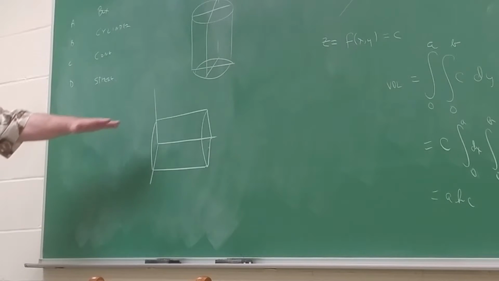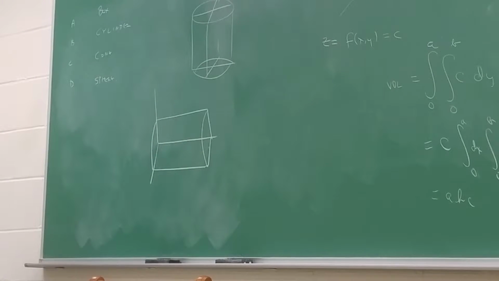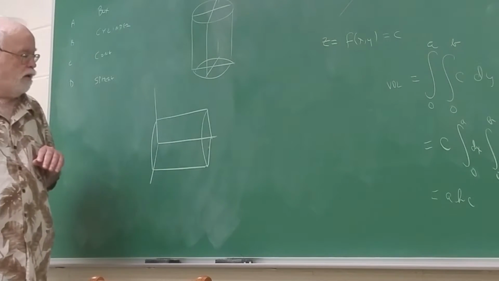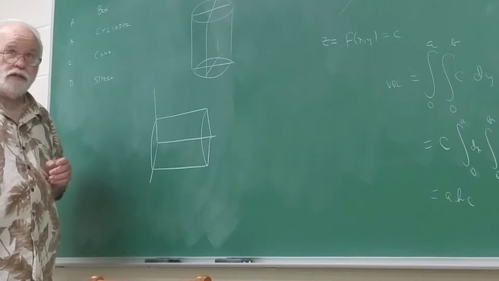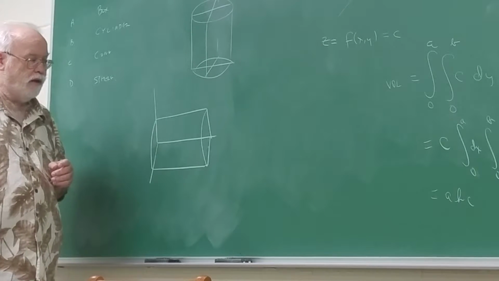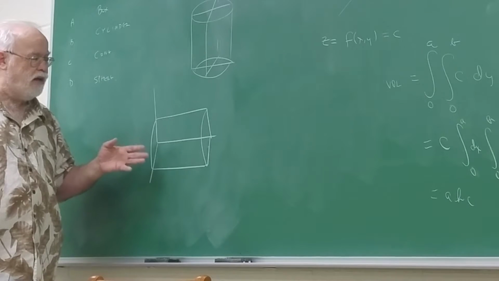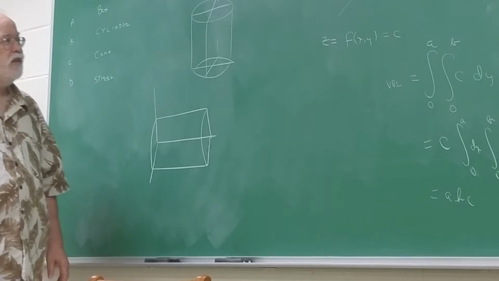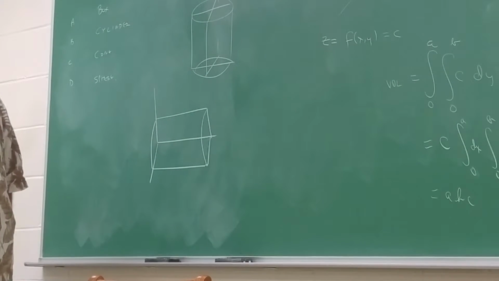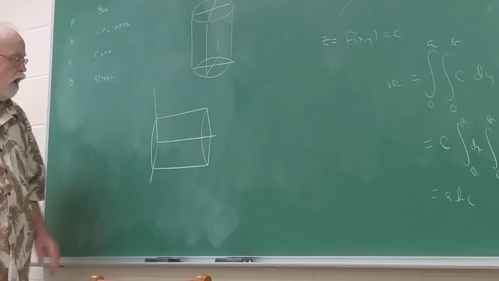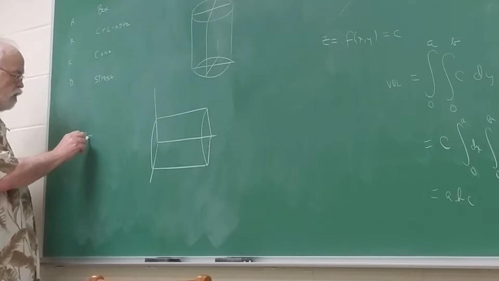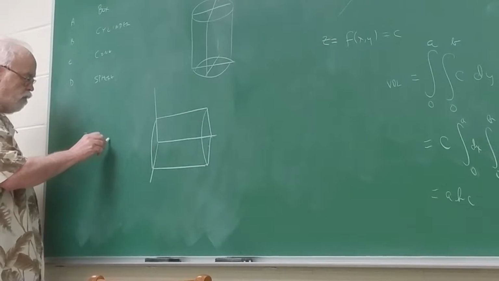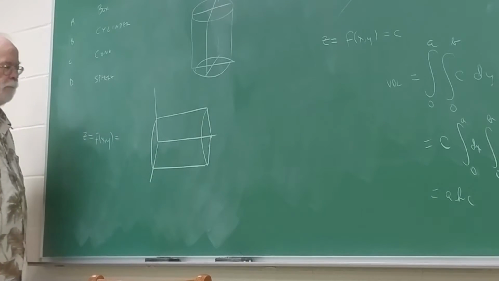Now I don't have a flat top anymore. But I do have a rectangular base. All right? This will be an easier setup, except for the function. I'll have to work harder for the function. So, I want z equals f of x, y equals what?